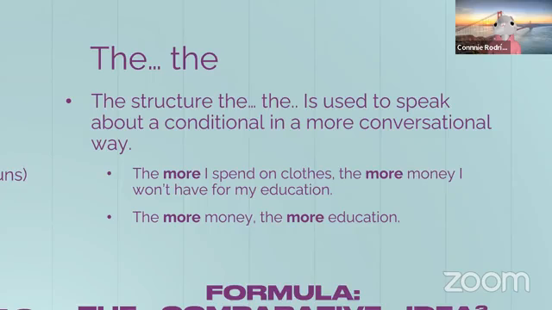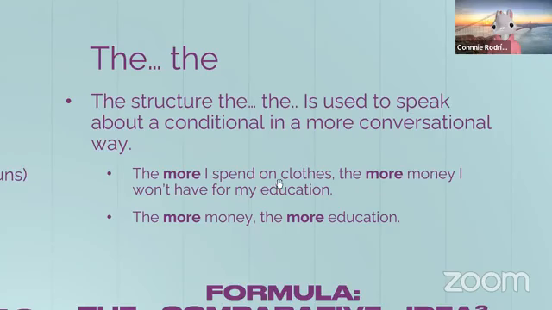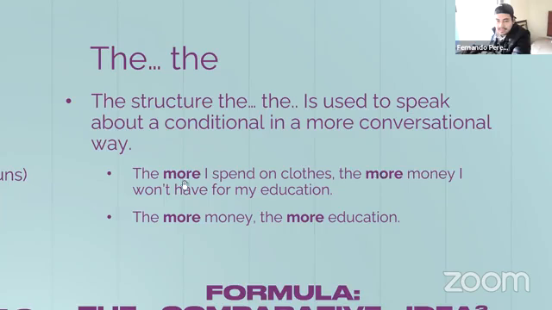Okay. So technically you are conditioning. If you are not going to have money for your education, it's because you spend a lot of money on clothes. Right? This "the more" is like a parallel structure. The first part is very similar to the second part.